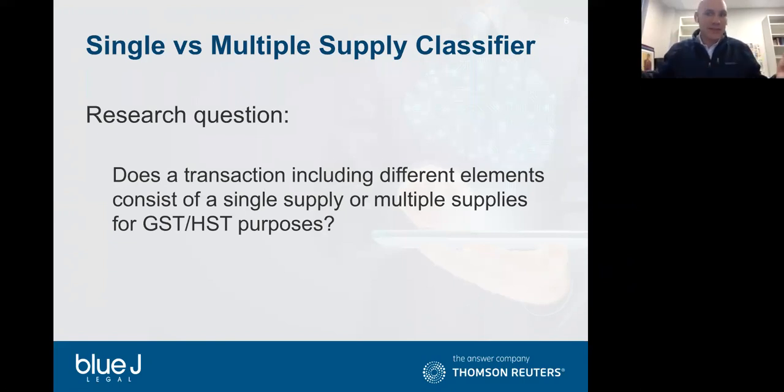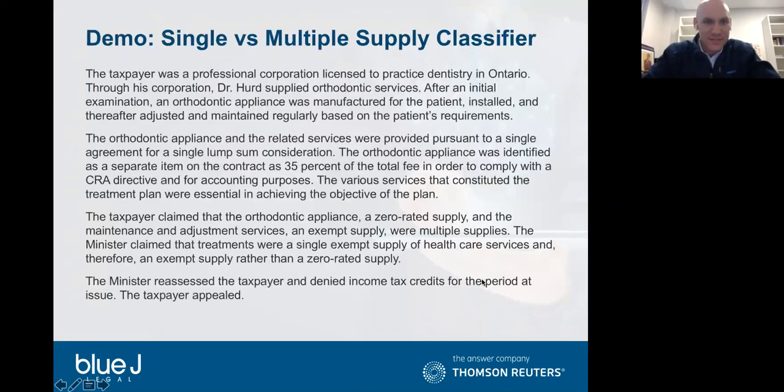Even our word for everything, the universe: is the universe one thing, multiple things? It depends for which purposes we are asking this question. Is something a single thing or a multiple thing? So let's look at how the courts look at it in this particular context with respect to tax liability for GST, HST. So just to ground this, that's what we're talking about in this context: GST, HST purposes, and similar reasoning in other VAT systems.